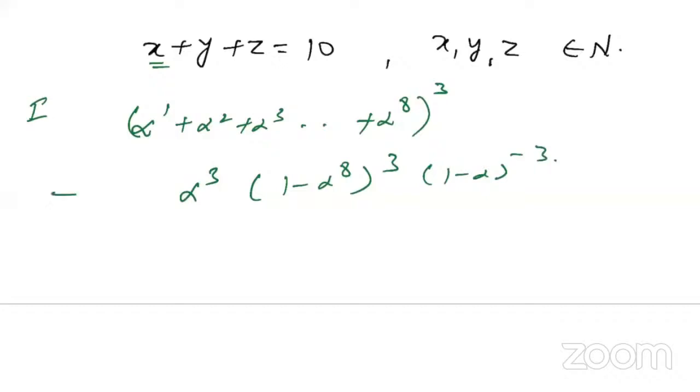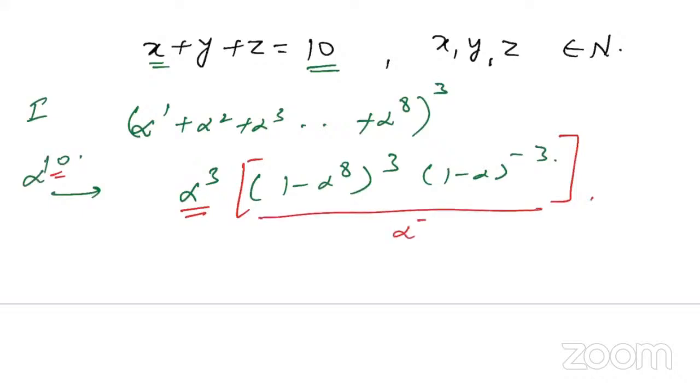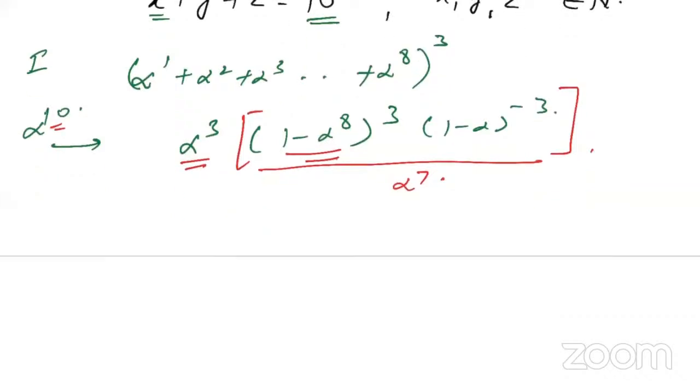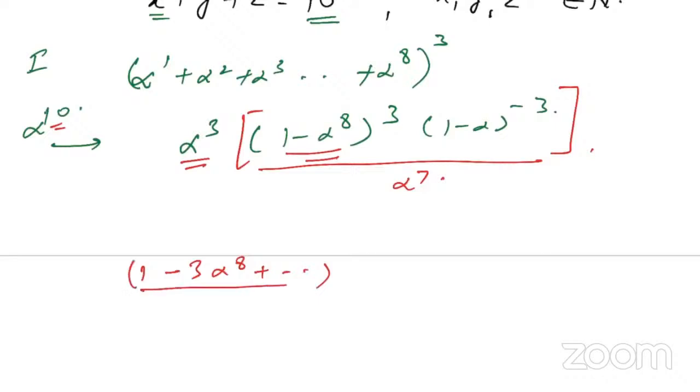In this, what we require is alpha to the power 10, right? So alpha to the power 3 itself is there. So from this, I require alpha to the power 7. In this expansion, we know that the first term will be 1, second will be 3 alpha to the power 8, and all the terms are greater than alpha to the power 7. So we do not have to take other terms of this.